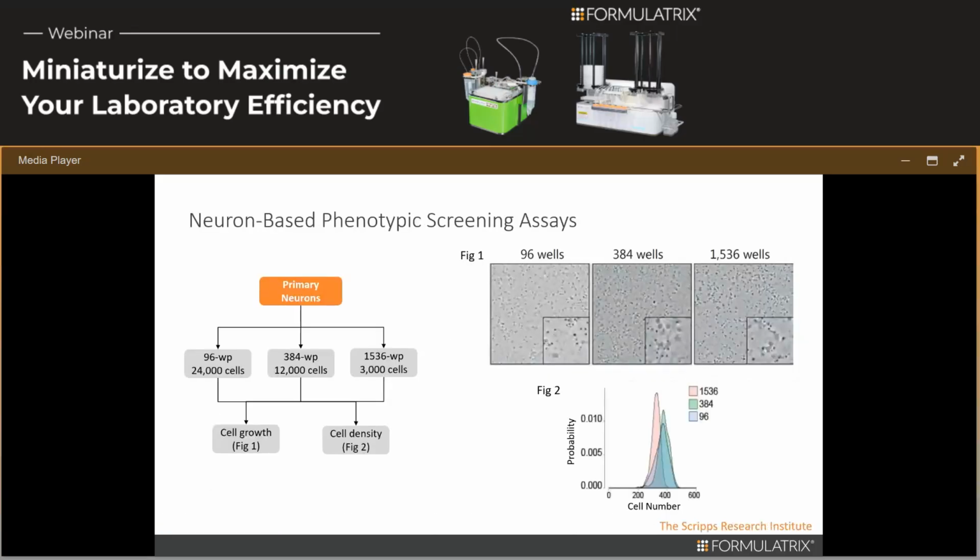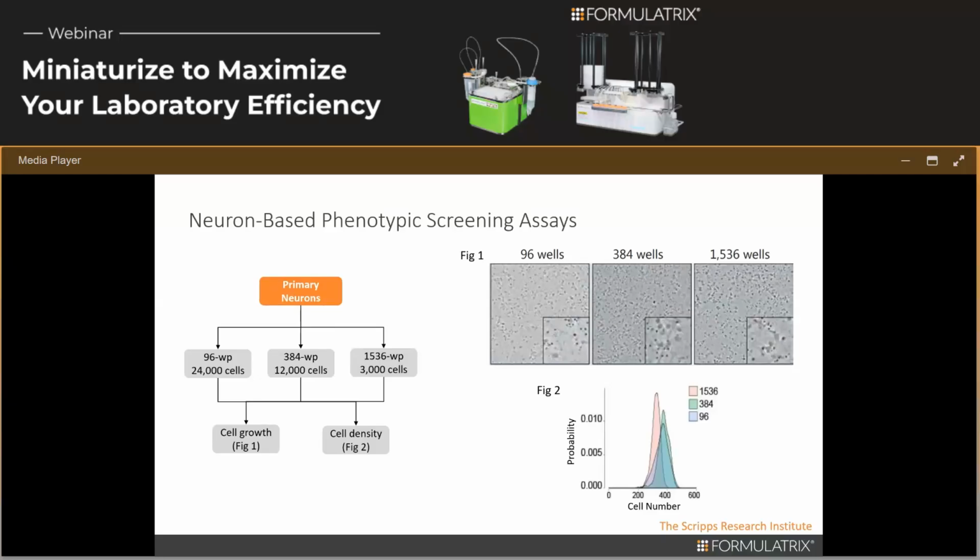Here is another experiment that was designed to improve the scalability of neuron-based phenotypic screening assays. Primary neurons remain important tools for in vitro neurobiological investigations, especially for drug discovery. They are large and extremely sensitive cells requiring additional care for handling, making the scalability of assay very challenging.